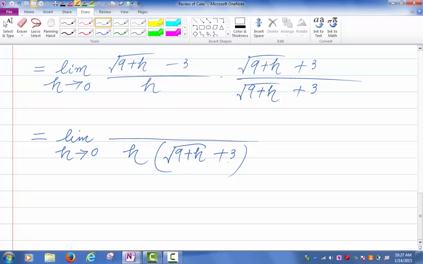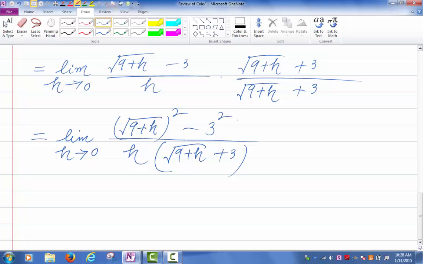If you multiply out in the numerator, what do you end up with? When you multiply out in the numerator, you basically get the square of root of 9 plus h, minus the square of 3, right? You agree with that? Just multiply out by using FOIL if you're not comfortable with what I just wrote.